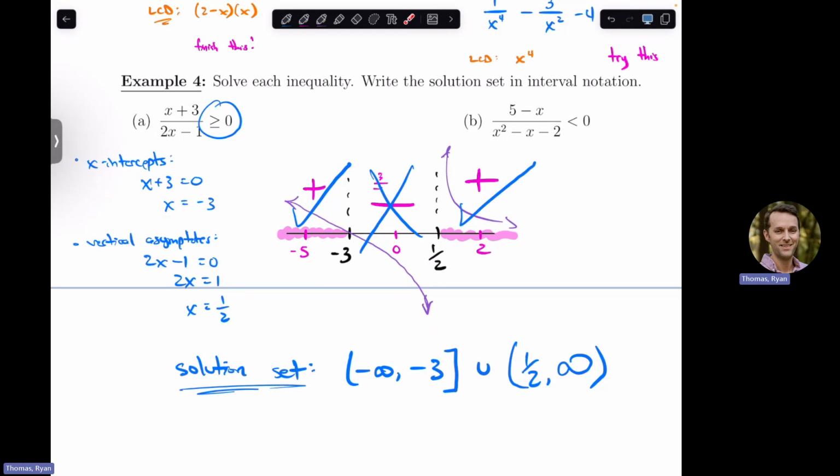This is the graph, greater than. Less than.